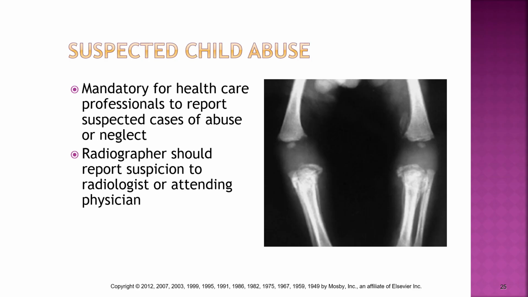Child abuse, there's those bucket handle fractures that I spoke of. So this is, I think these are knee joints. There's also quite a bit of edema and bilateral dislocation. That is an unusually large joint space for a baby's knee. That is 2 inches of space between the femur and the tibia. And that gray blob, that's blood.